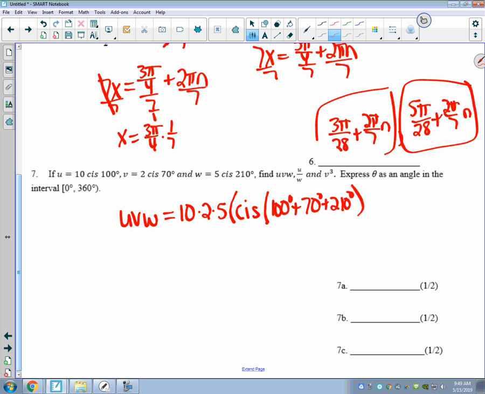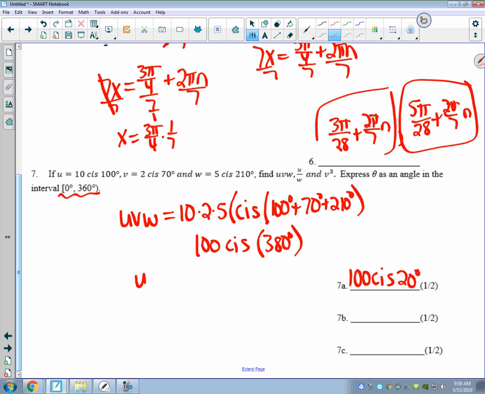So 20 times 5 is 100. And then this would be 380, right? But it says express your angle between 0 and 360. So you just subtract 360 from 380 to get 100 cis 20.